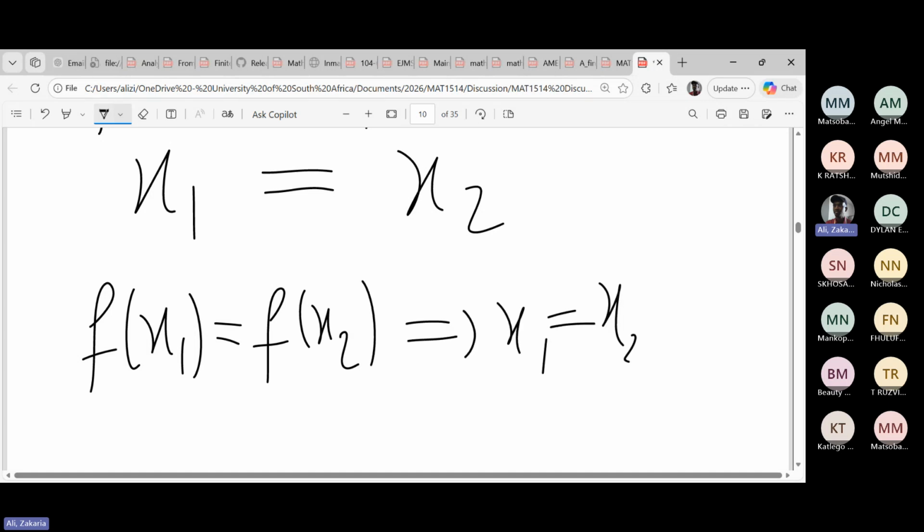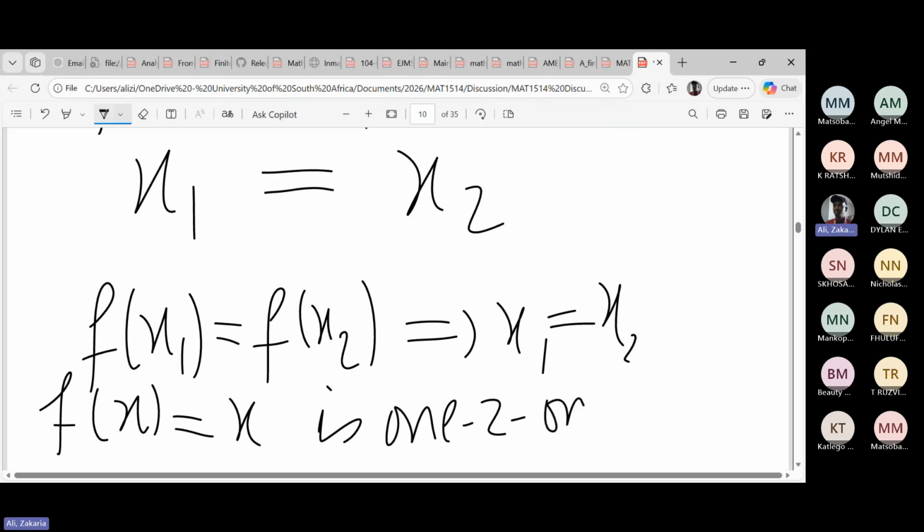So this function f of x equal to x satisfies the definition. Is it a one-to-one function? I'm going to use an abbreviation and say one-to-one. That's what I mean by one-to-one function.